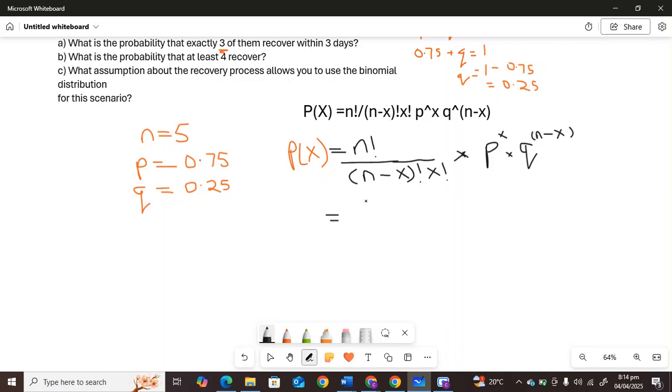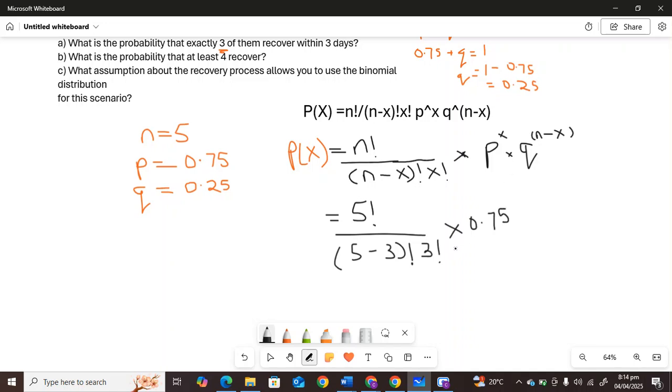N, we have 5, so this is 5 factorial divided by n minus x, so that is 5 minus 3 factorial. X here again, this is a 3 factorial multiplied by our probability of a success, 0.75 to the power x.